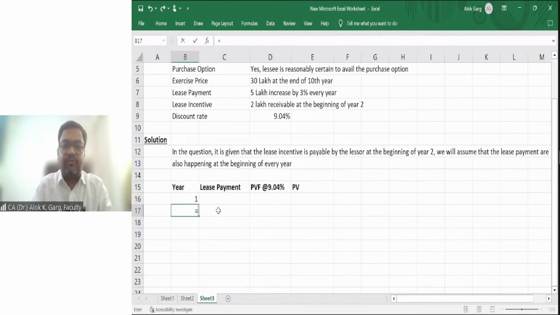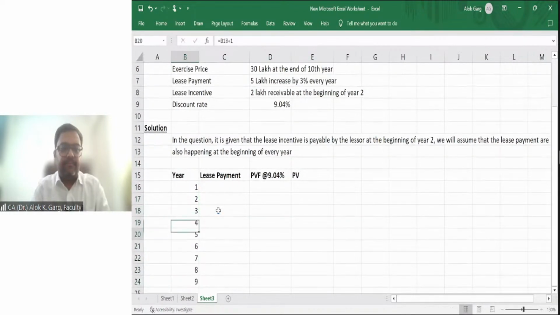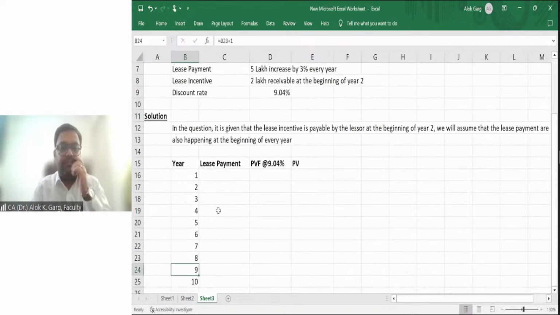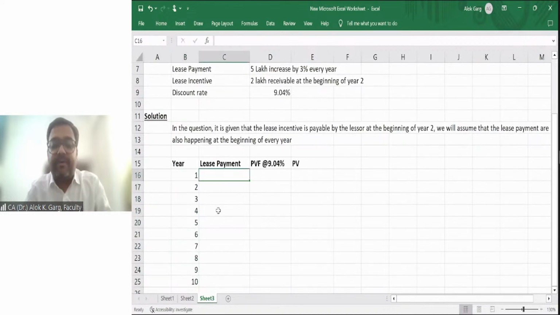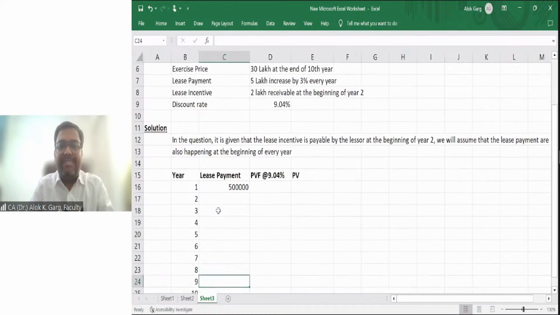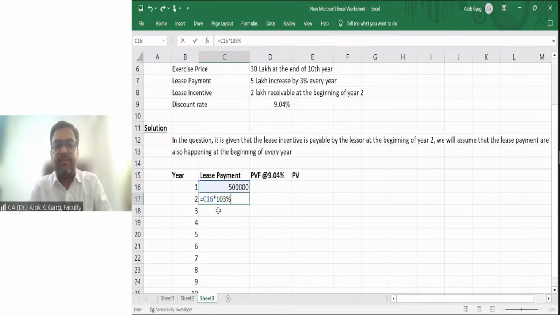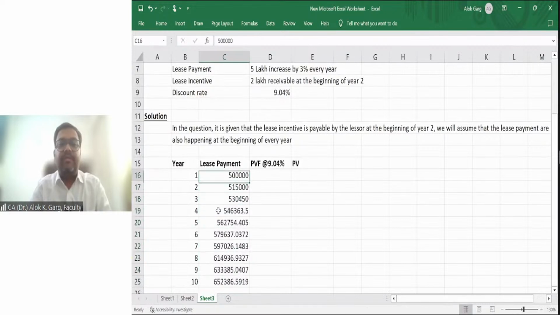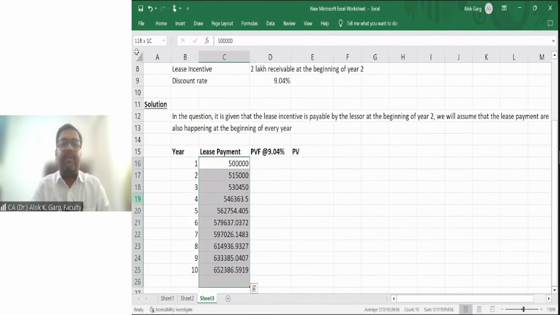Let's put the years till the 10th year. Now, what is my lease payment? My lease payment is 5 lakh rupees at the beginning of the first year. Now every year this lease payment will increase by 3%, so this is multiplied by 103%. Likewise, every year this lease payment will go up.